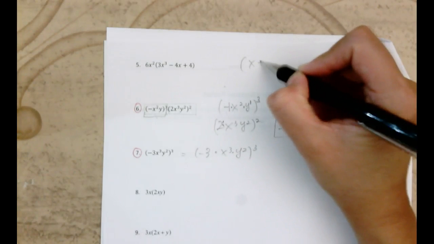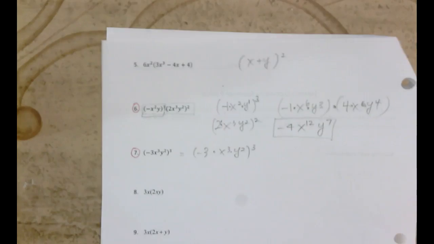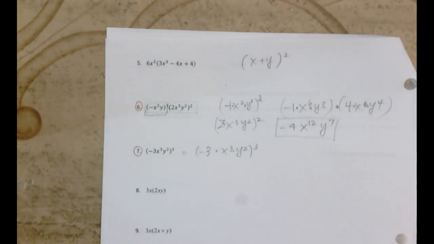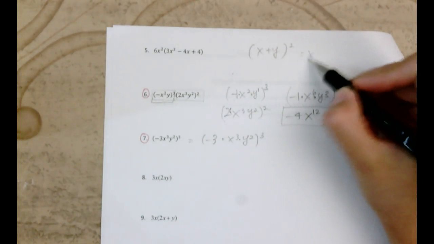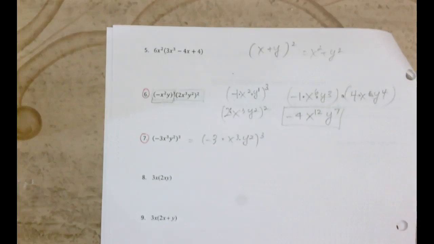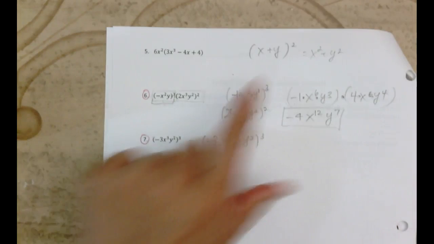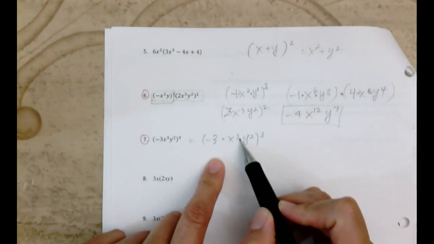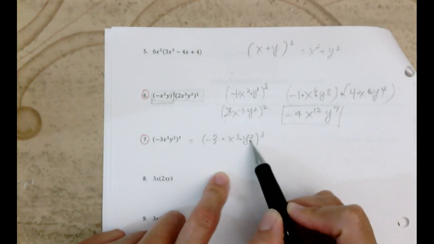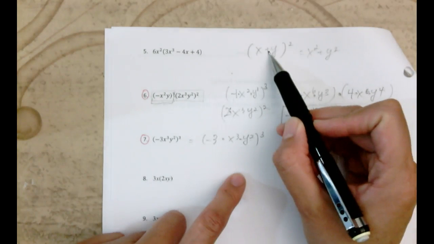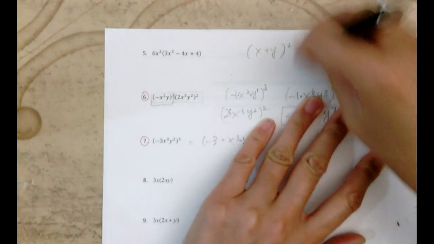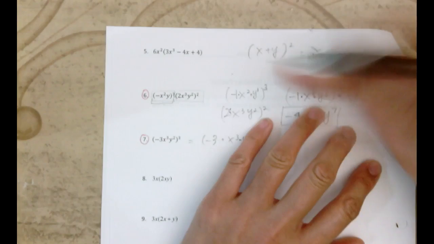Oh, by the way, if you have x plus y to a power, you have to distribute, but you don't do this. No, that's not distributing. When you are multiplying, then yes, you multiply each term. When you are adding or subtracting, you have to FOIL it. Remember FOIL?